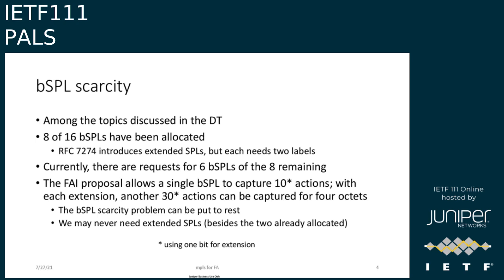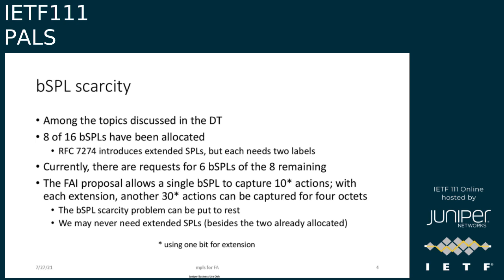From a forwarding path point of view, it's not ideal. There are requests for 6 base special purpose labels of the 8 remaining. So the FAI proposal allows a single base special purpose label to capture 10 actions, and I say 10 because you have 11 bits from the TC and TTL fields.